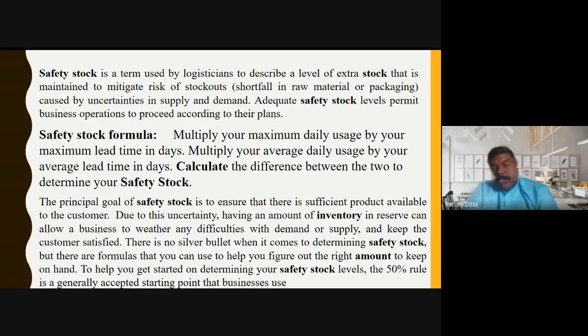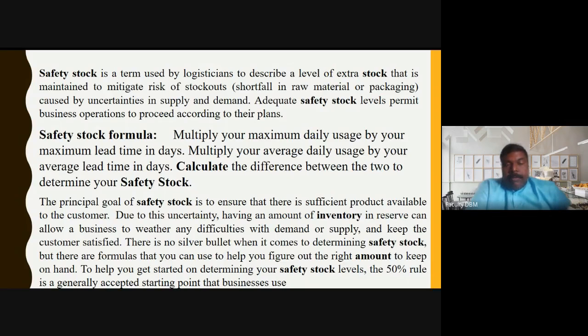There is no silver bullet when it comes to determining safety stock. There is no hard and fast rule that safety stock should be this percentage. It depends on the manager, the operations, the business, and the manufacturer, how much they are going to maintain. But there are formulas that you can use to help figure out the right amount to keep on hand.